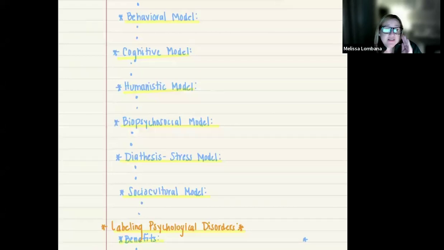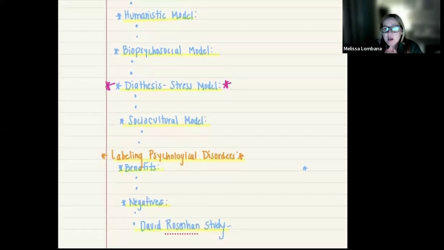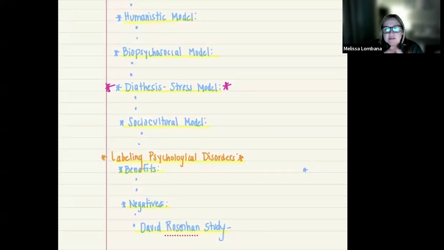Now, there's this diathesis stress model. This is very, very important. It has nothing to do with the approaches. In the sense that it's kind of part of the biopsychosocial approach, but this model, you're going to see it often. This is basically where they combine the biological and environmental causes of psychological disorders.